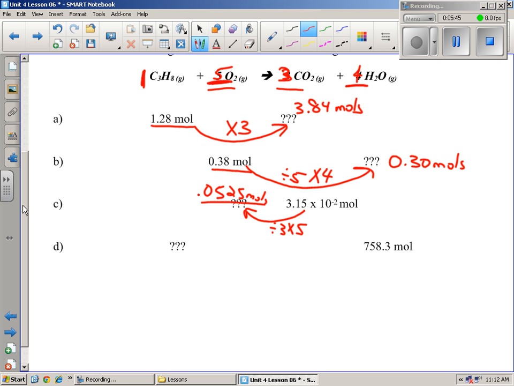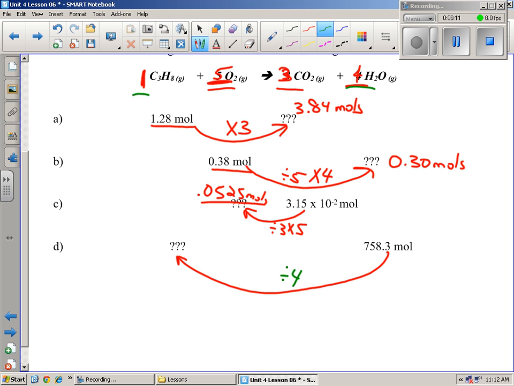If I get 758.3 moles of water produced, how much propane would I have to burn, basically, to get that amount? And the answer is, well, let's see. It's, once again, a 4 to 1 ratio. So I can simply go from 4 to 1, divide by 4, right? And if you really want to, you could put times 1, but divide by 4.